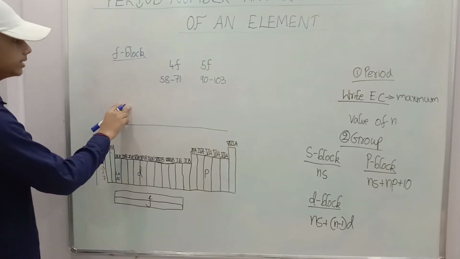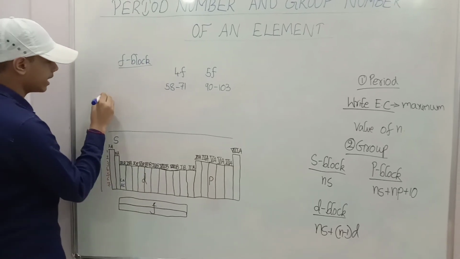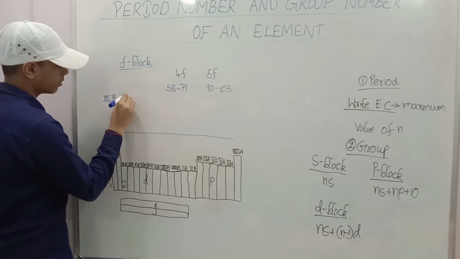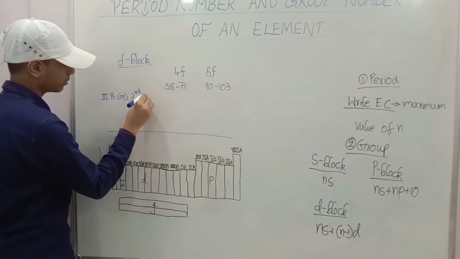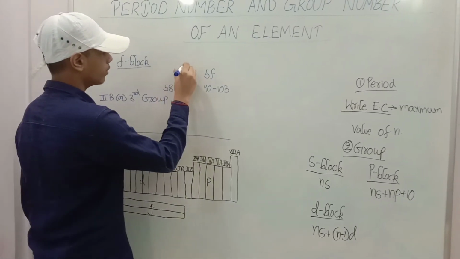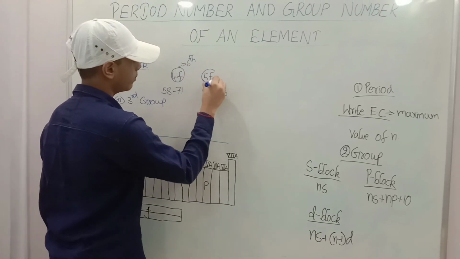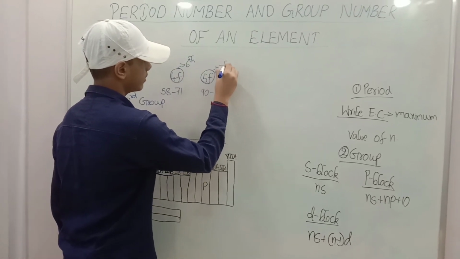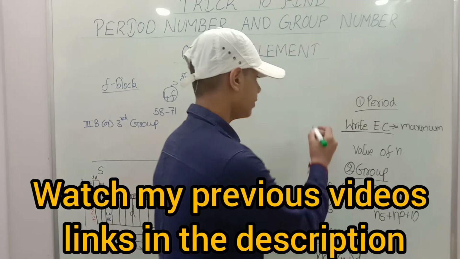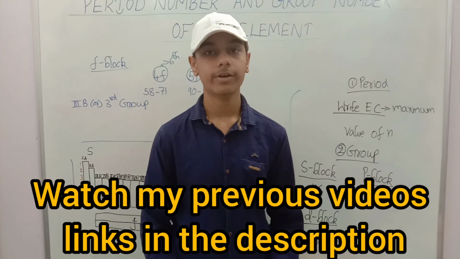So if the question is to find the group number for any f block element, simply write the answer as third B group or third group. For period, the 4f period is always the 6th period and the 5f period is always the 7th period. If you remember these formulas, you can easily find the period number and group number of an element.